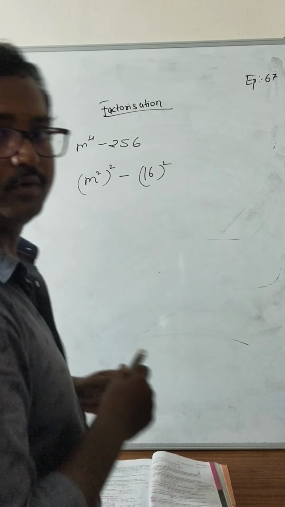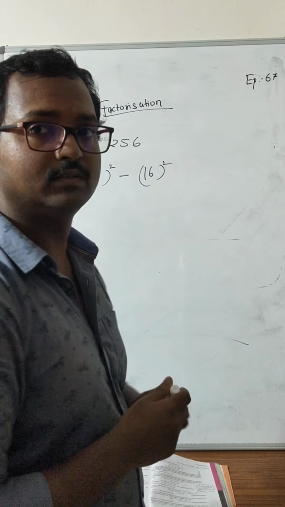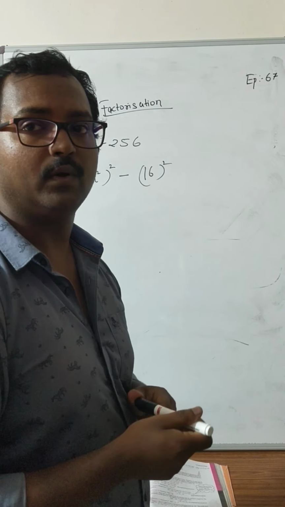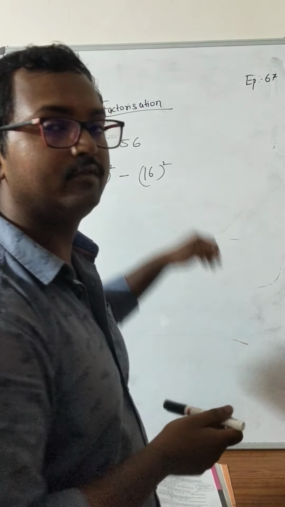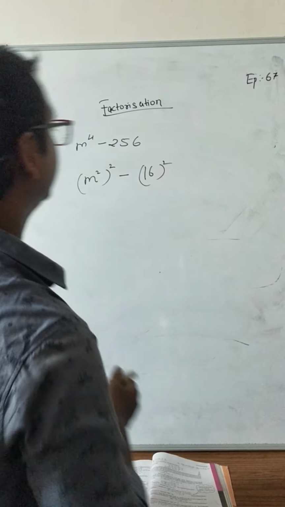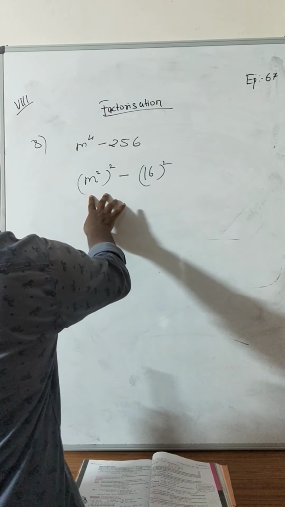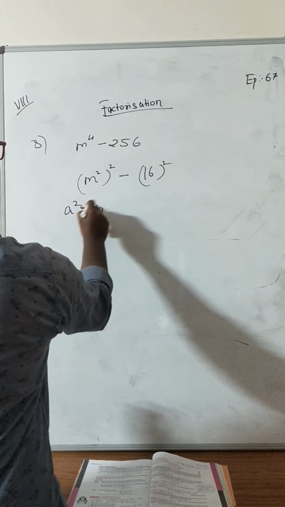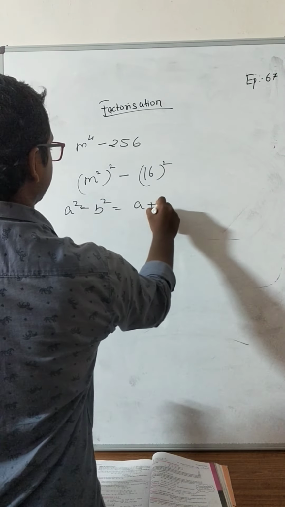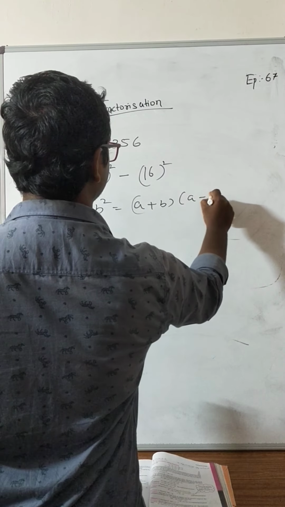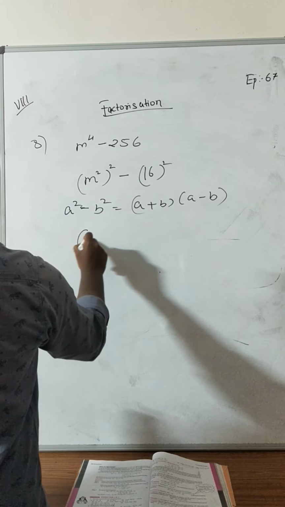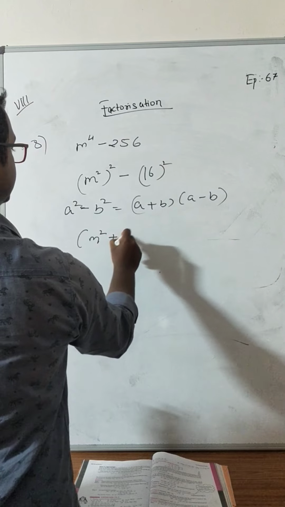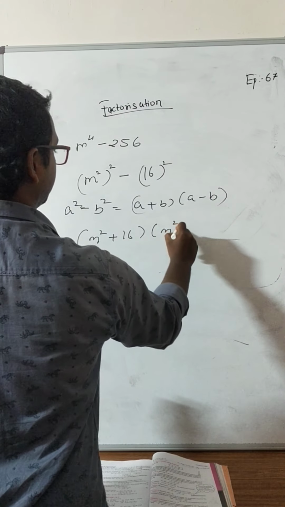If you know squares by heart up to 30, at least you should know squares till 30, then you will know that 256 is 16 square. Now, this is in the form of a square minus b square. A square minus b square is equal to (a plus b) and (a minus b). So when we expand in this form, we will get (m square plus 16) and (m square minus 16).